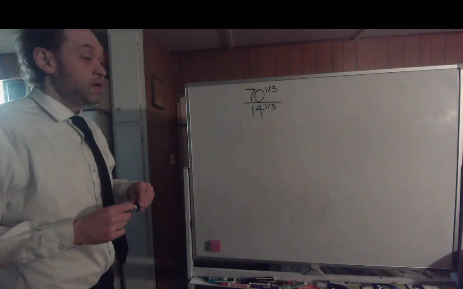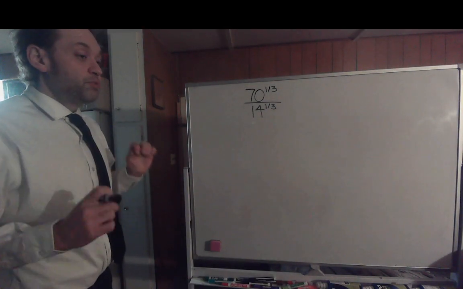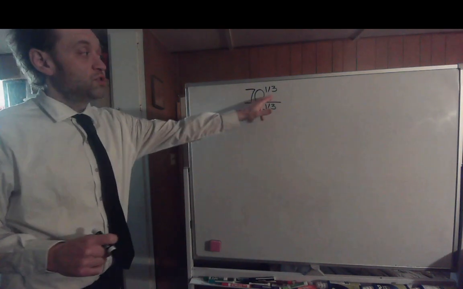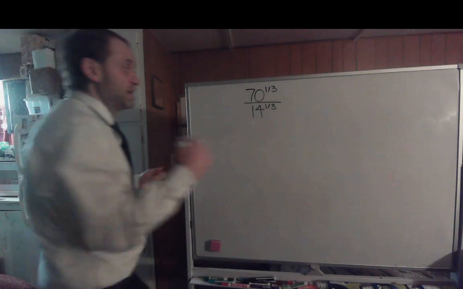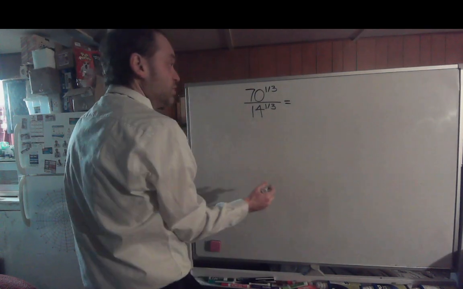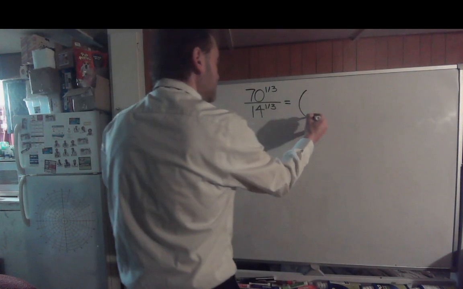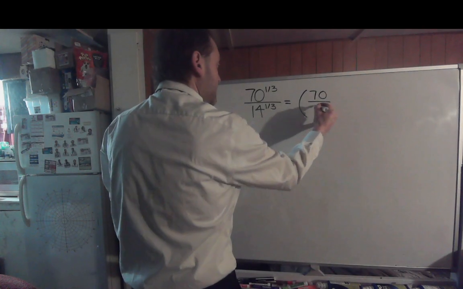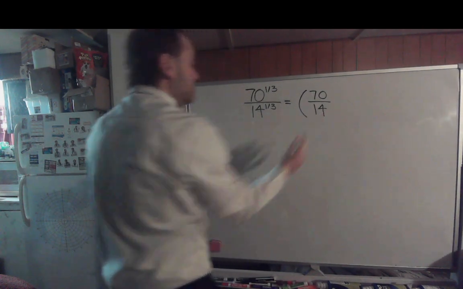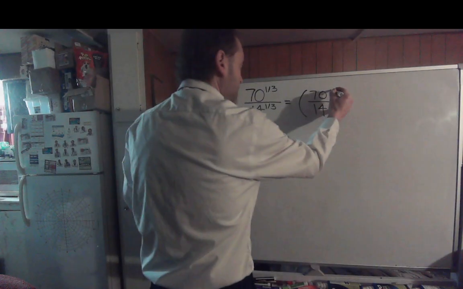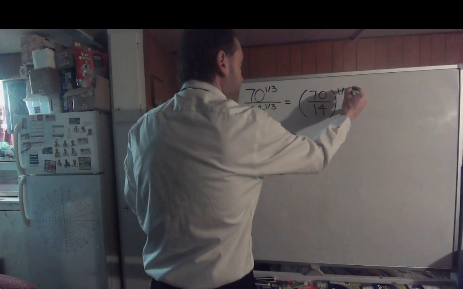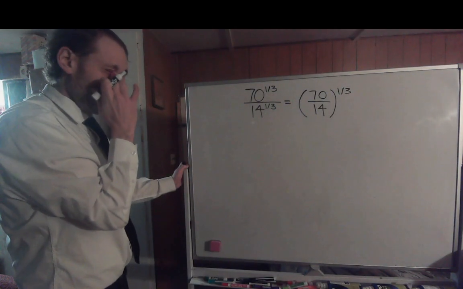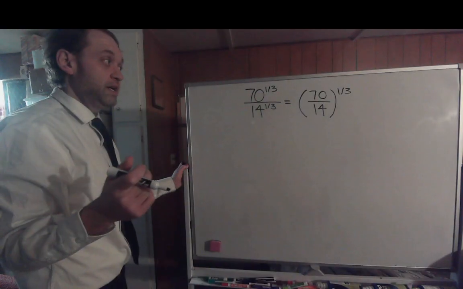Well, it's important to know a property of exponents, that if you have both the numerator and denominator to the same power, that is no different than separating this by taking that numerator divided by the denominator, which would be to the 1st power, and then you can raise the whole thing to the 1/3 power, right? That's no different. This is going to help you immensely.